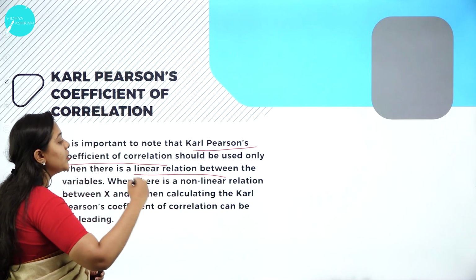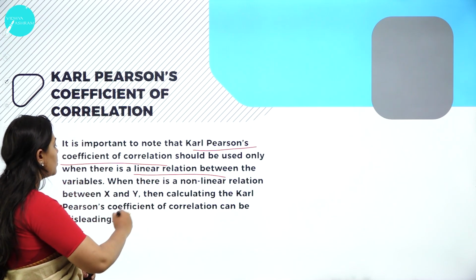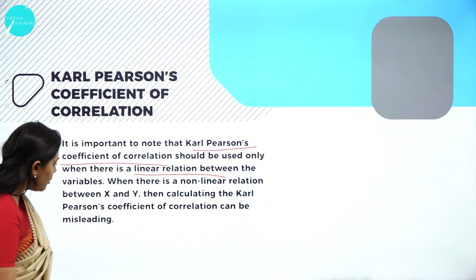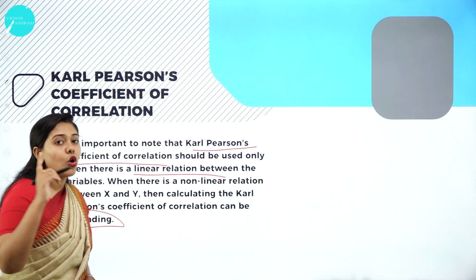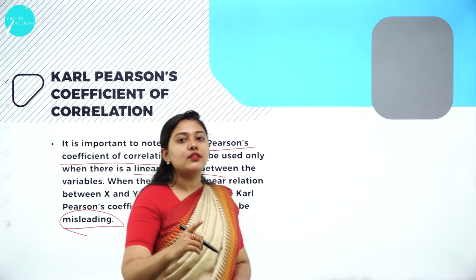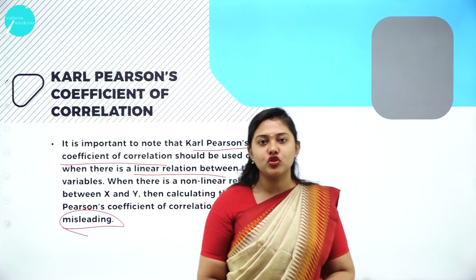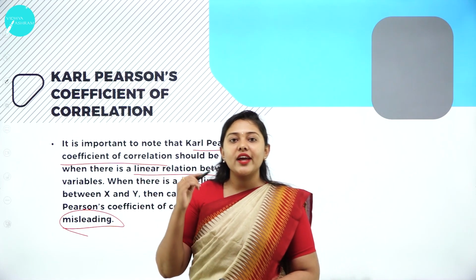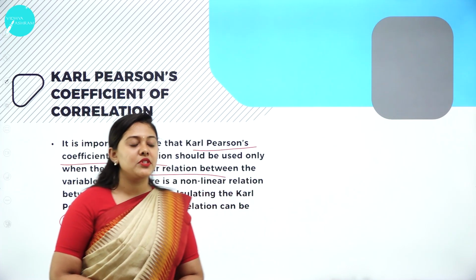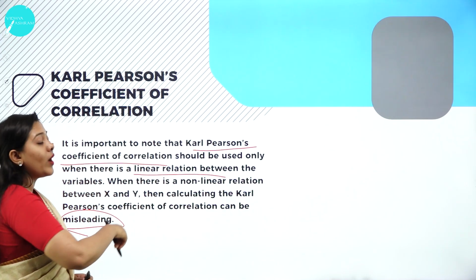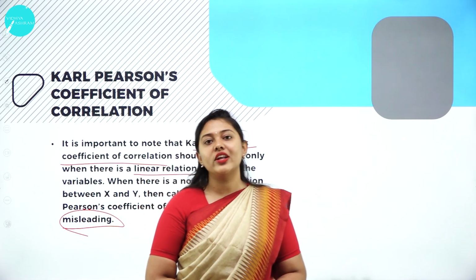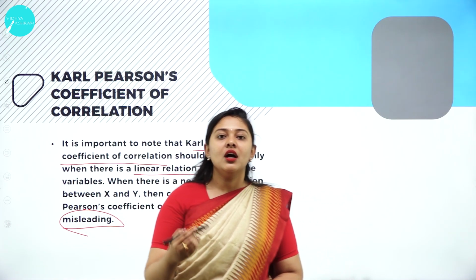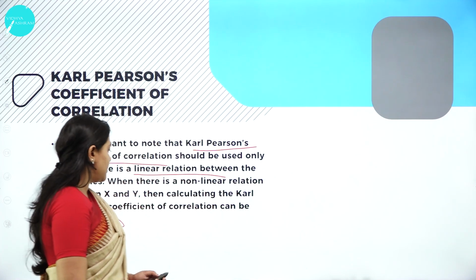When there is a non-linear relationship between the x and y variables, calculating Karl Pearson's coefficient can be misleading. The only condition to use Karl Pearson's coefficient of correlation is that there should be a linear relationship between your x and y variables. If you use it for non-linear calculation, the answer will be misleading.